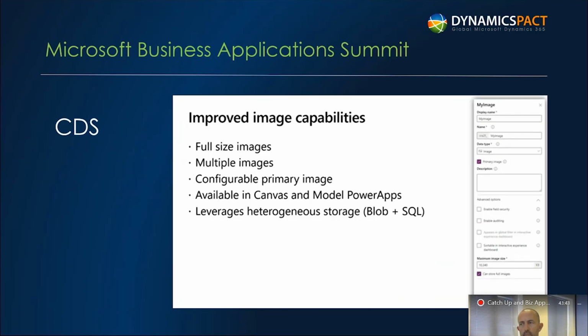In CDS, they've added the ability to store full-size images and multiple images against a single record. You can configure which is your primary image. You can draw images back through both into Canvas Power Apps and model-driven Power Apps, if you remember the difference from those from session 1.